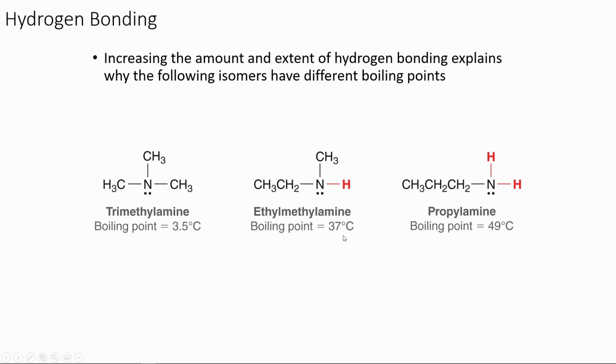That's going to increase the boiling point, stabilize the interactions. It's a stabilizing interaction. And propylamine, we now have two nitrogen-hydrogen bonds that can act as hydrogen bond donors. So we're going to have an even larger boiling point due to a larger amount of hydrogen bonding occurring.